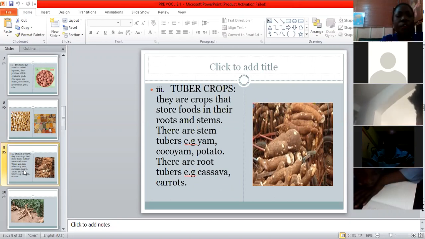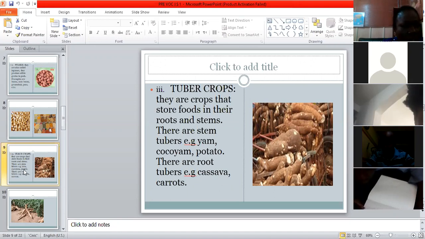For it to be easier for you to differentiate between stem tubers and root tubers, you can use this acronym for root tubers, RCC. R stands for root tubers, the first C stands for cassava, while the second C stands for carrot, for you to be able to differentiate in case you are being asked in the exam.